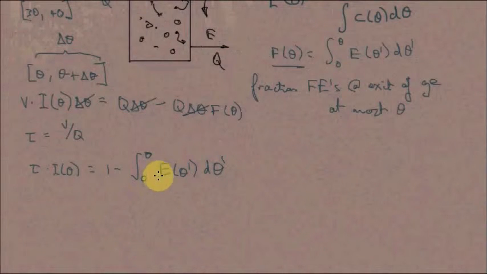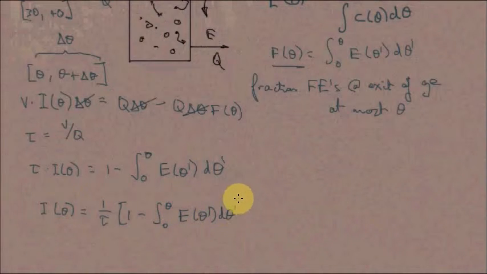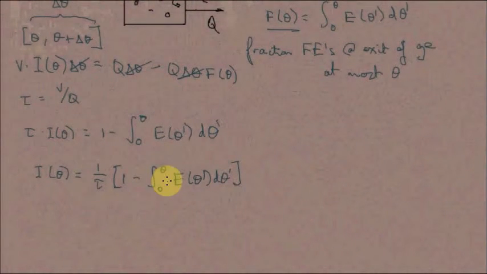This is the relationship we're looking for. So just writing it entirely in terms of I of theta: 1 over tau times 1 minus the integral from 0 to theta of E integrated in theta. And that's all there is to it, right?